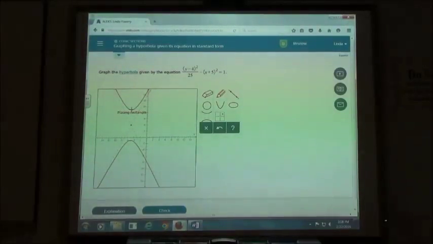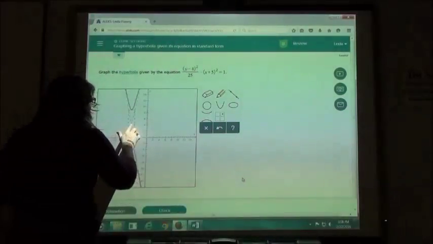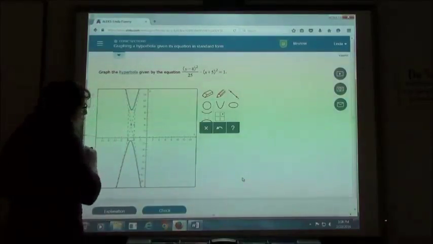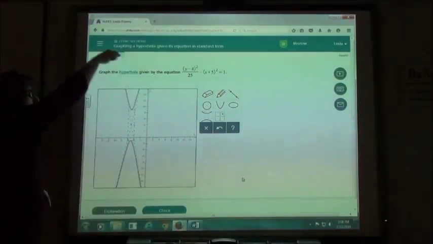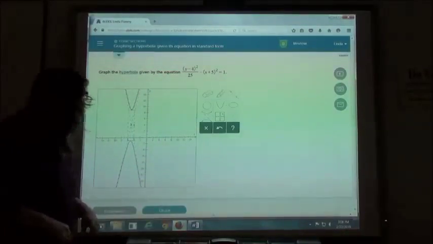That looks good. Placing my rectangle then, remember, the x plus 5 squared would be over 1. So I'm going to go 1 to the right. And so I'm just going to double check that. I went 1, 2, 3, 4, 5 up, 1 to the right, and my hyperbola is going up and down because my y's were first.